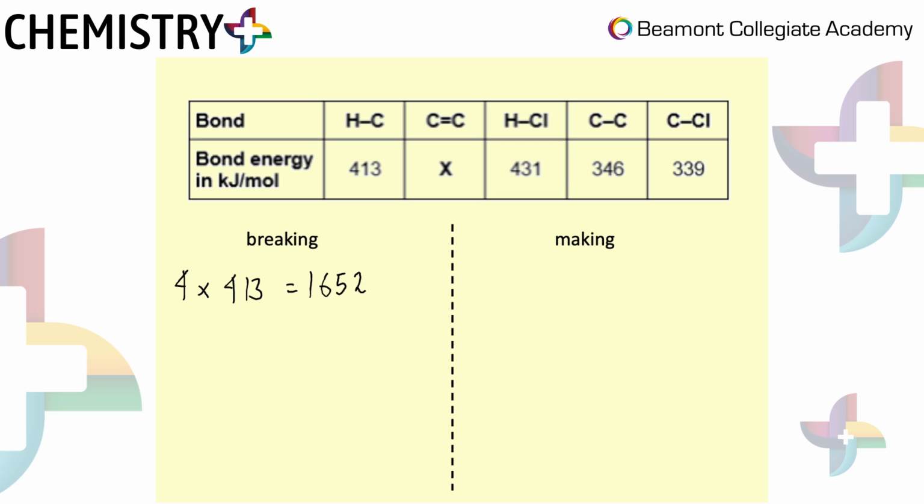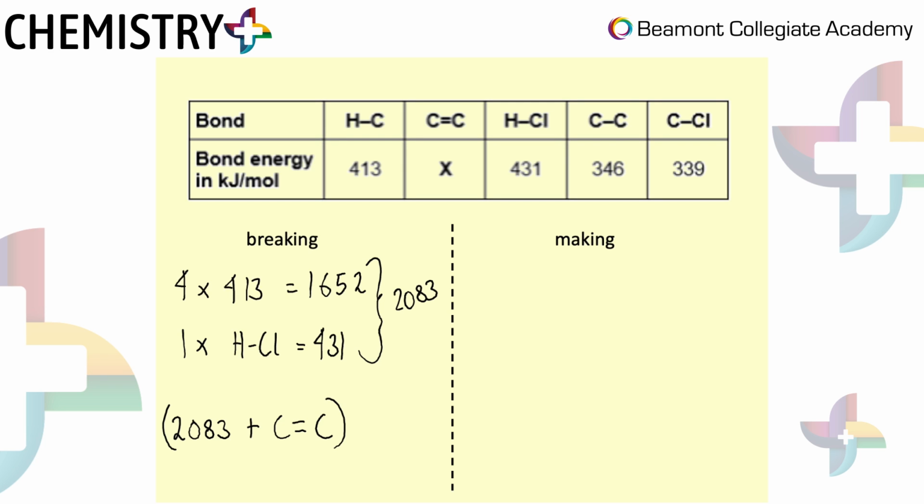We had the unknown, but we also had 1 times the HCl. Those two together. But remember that is 2083 plus the double C, which is the unknown. That's our breaking.